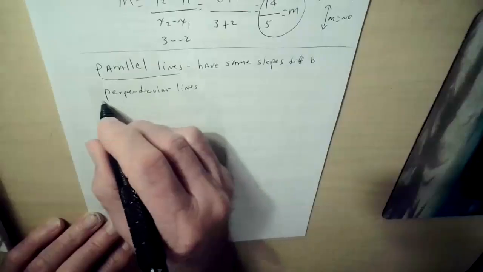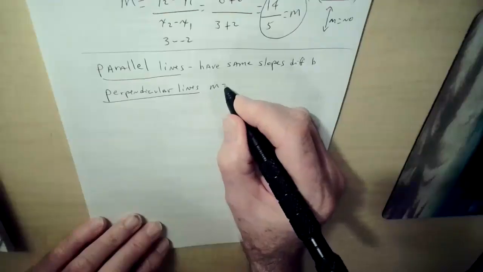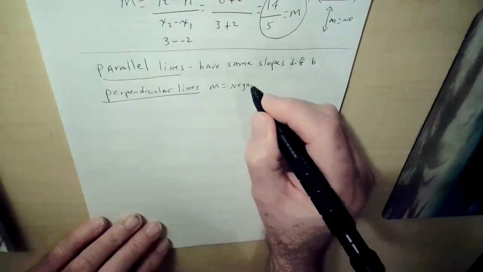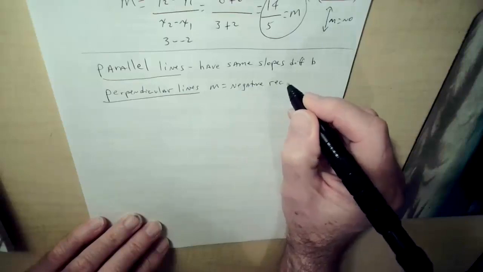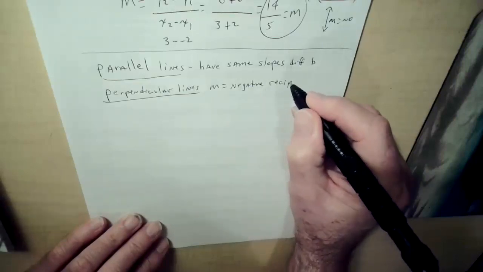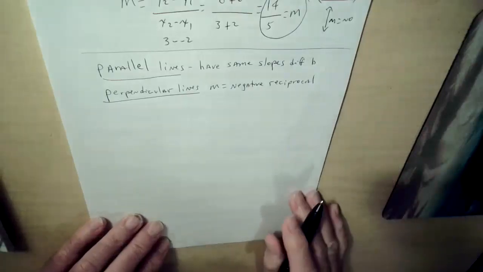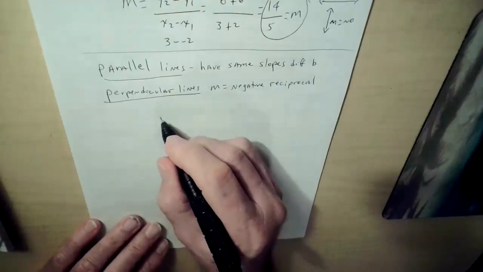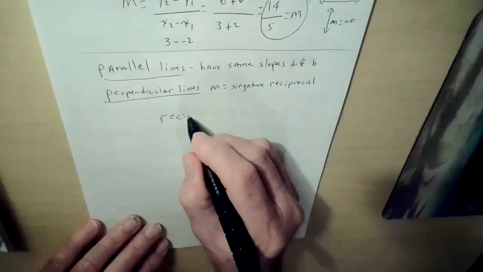Perpendicular, P-E-R-P-E-N-D-I-C-U-L-A-R. Perpendicular lines, slope is a negative reciprocal. R-E-C-I-P-R-O-C-A-L.